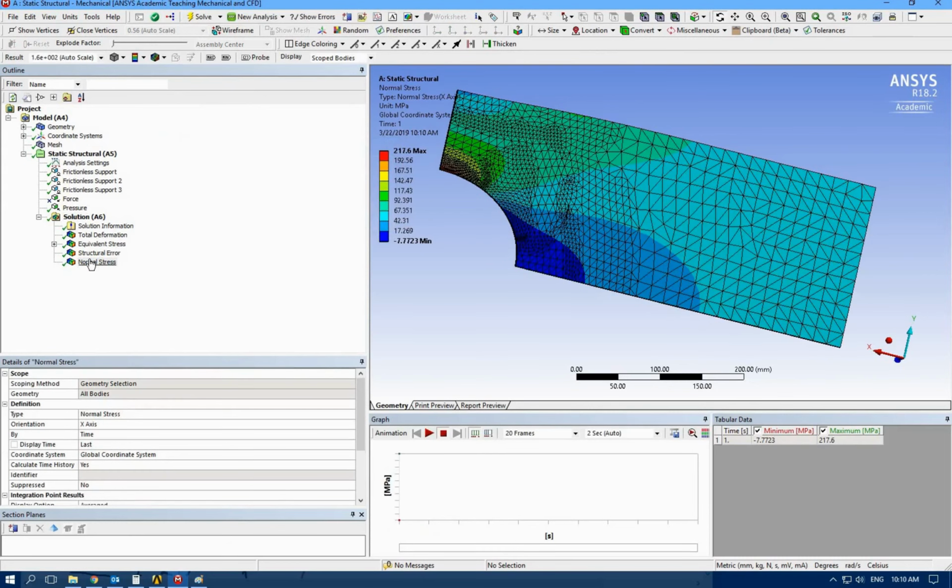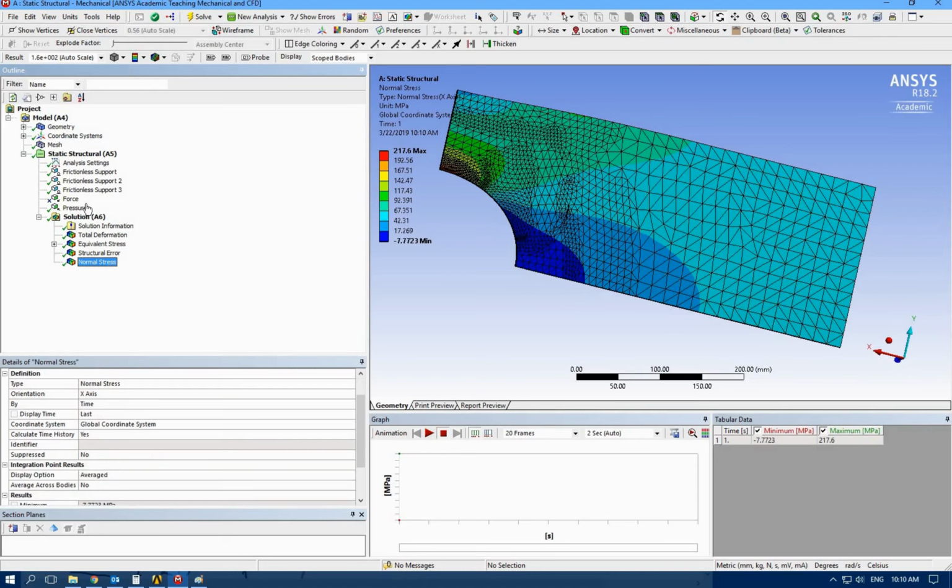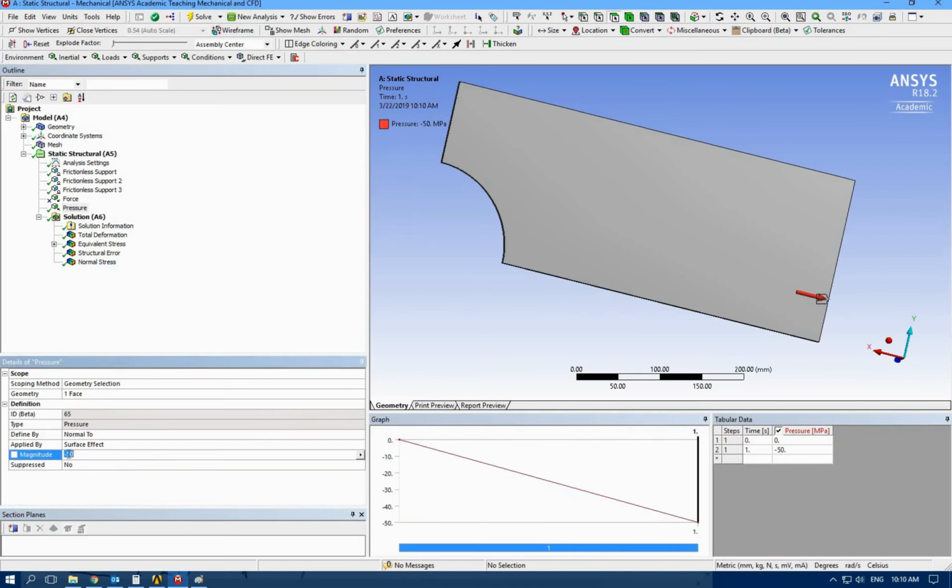And now where is it? This is going to be positive, so let me check with the other one.